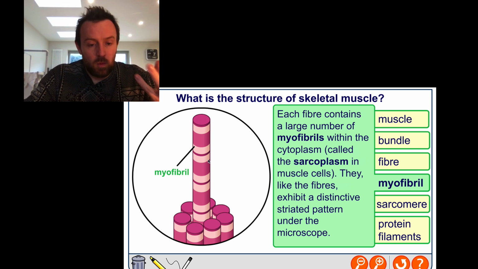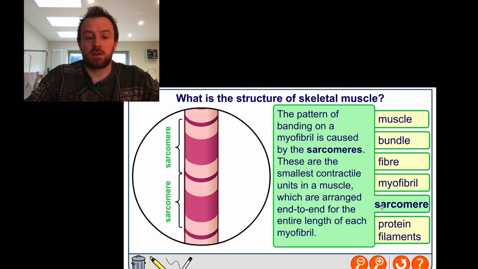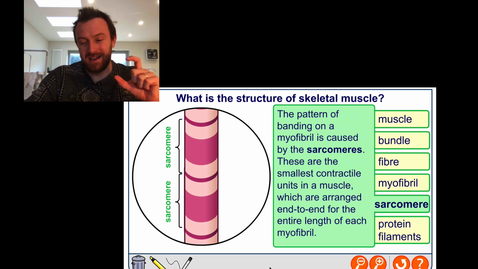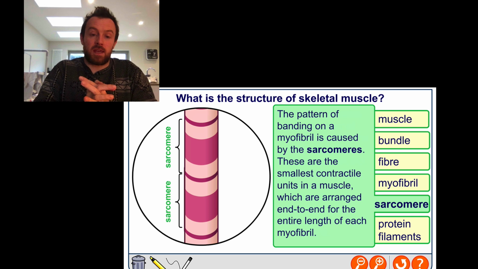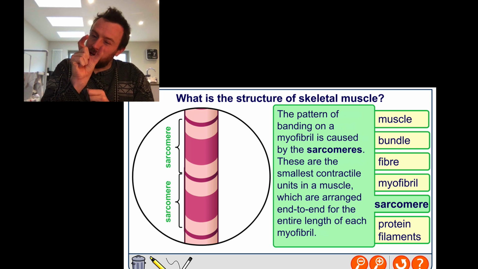Now, when we look at the myofibril, it looks stripy. And the stripes are caused by regular repeating sarcomeres. Okay, a sarcomere is kind of one band, basically, and it's the functional unit of the muscle. So each sarcomere can kind of contract a tiny bit and lengthen a tiny bit.